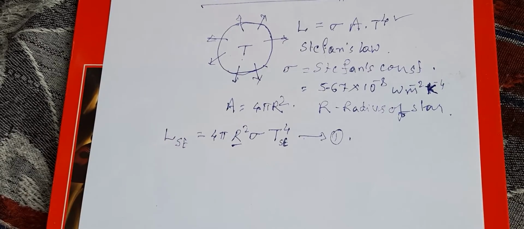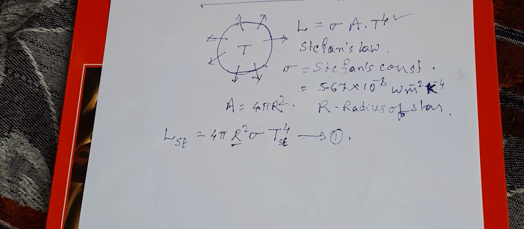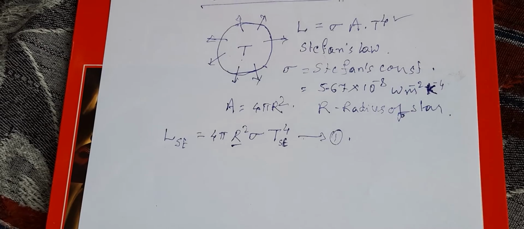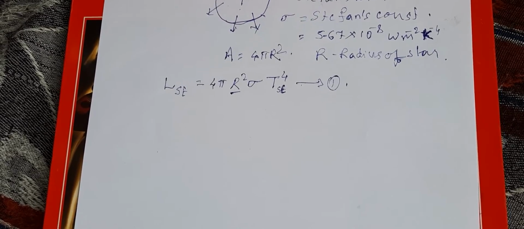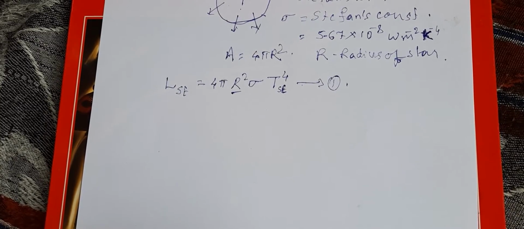The actual luminosity of the sun is 3.96 into 10 to the power 26 joules per second, nearly 4 into 10 to the power 26 joules per second. Now we have understood what is the luminosity of a star.